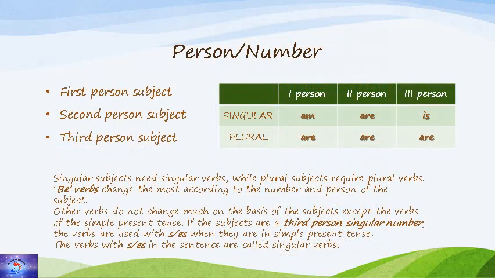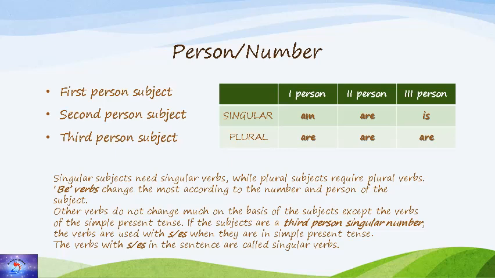Generally, be verbs change the most according to the number and the person of the subject. Other verbs do not change much on the basis of the subject, except the verbs of the simple present tense. So let us see the tabular column. If the subject is in first person, the verb in singular form is am and in plural form is are.